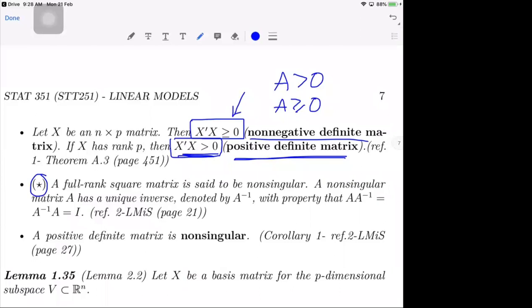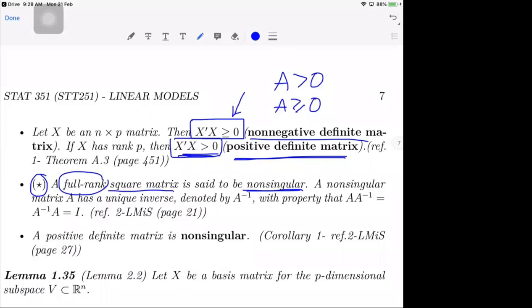So take note of the star because I will call that later in the results. So what is this? A full rank square matrix is said to be non-singular. So if it is full rank, it is non-singular. What is the condition of a full rank matrix?